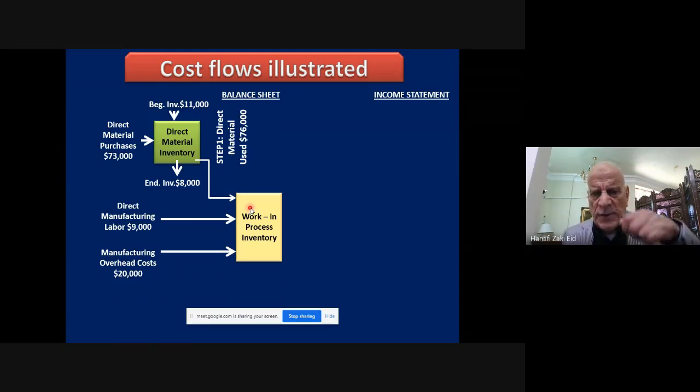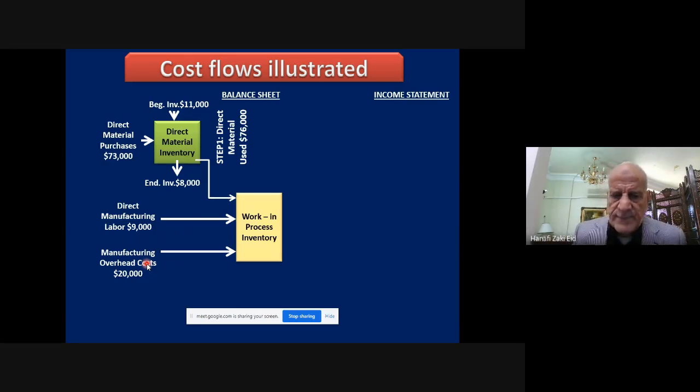So now we can see that the total manufacturing costs incurred during the period on production units amounted to, you have to add it, 76,000 plus 9,000 as labor plus 20,000 as manufacturing overhead costs.